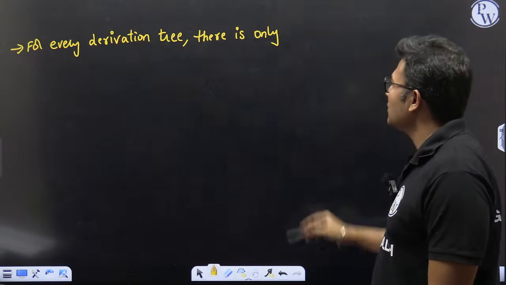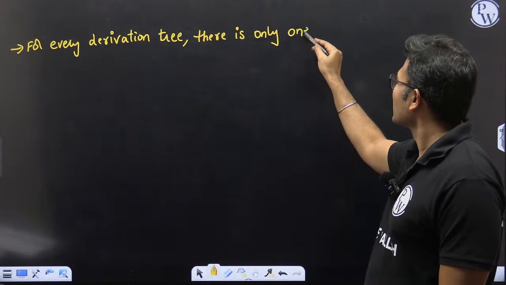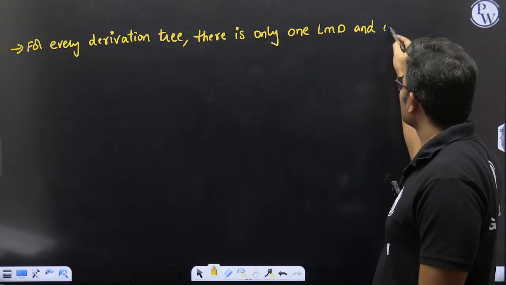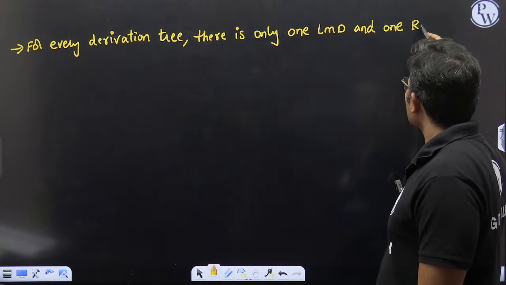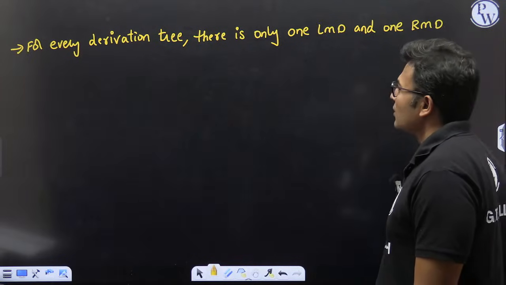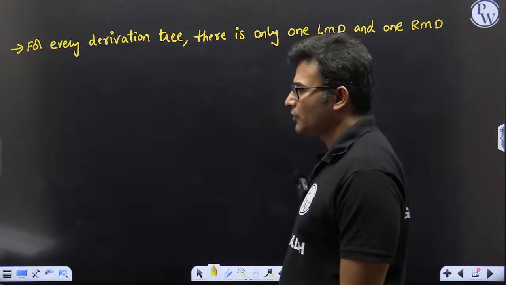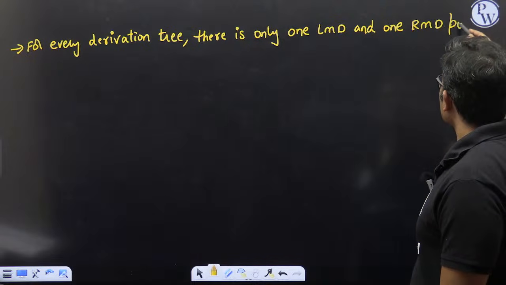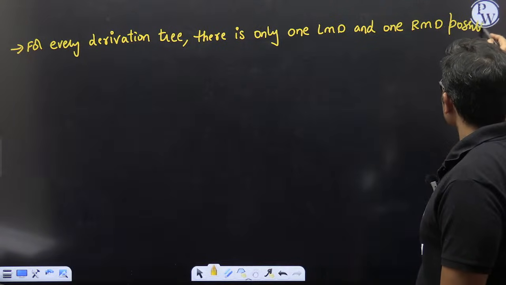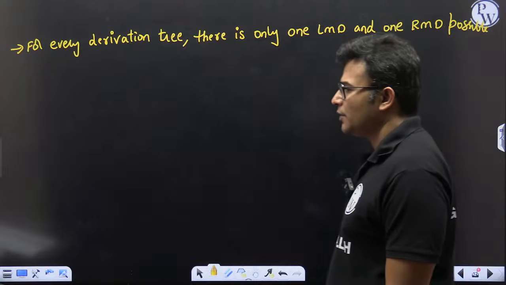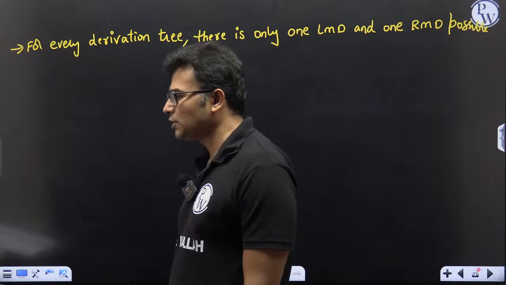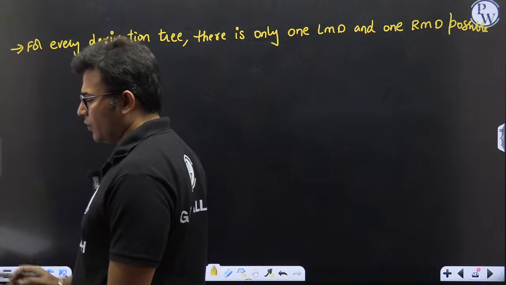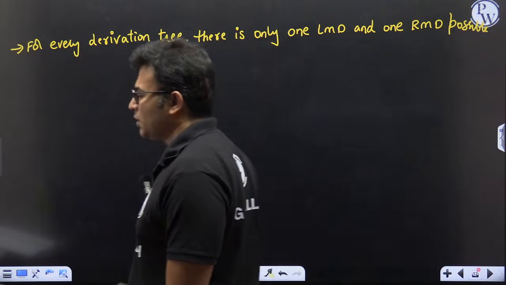For every derivation tree, there is only one LMD and one RMD possible.